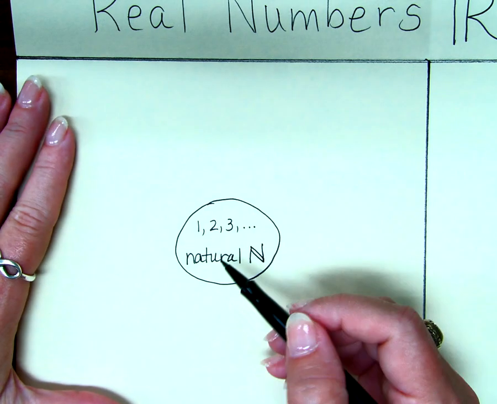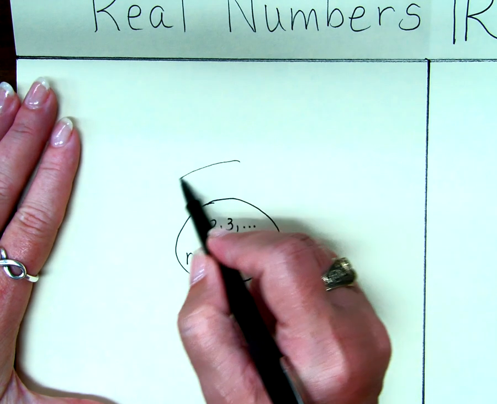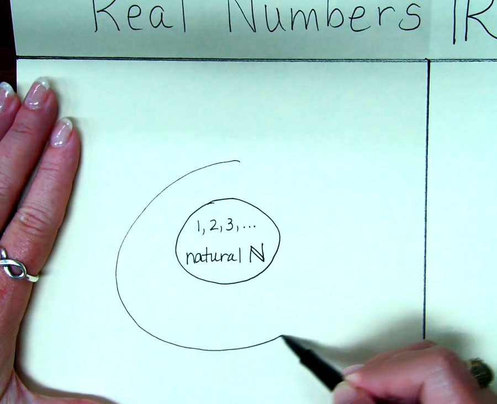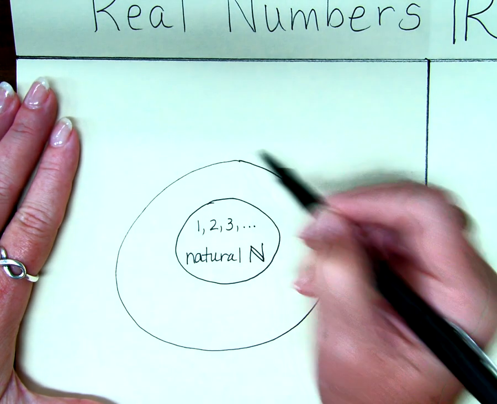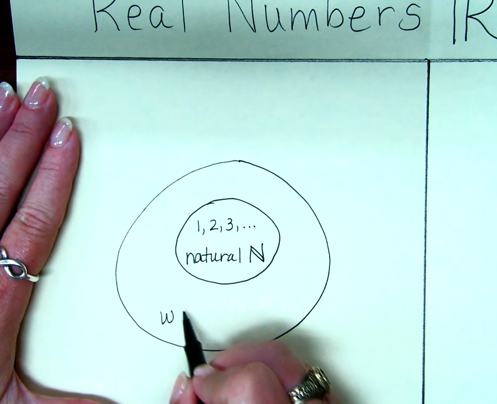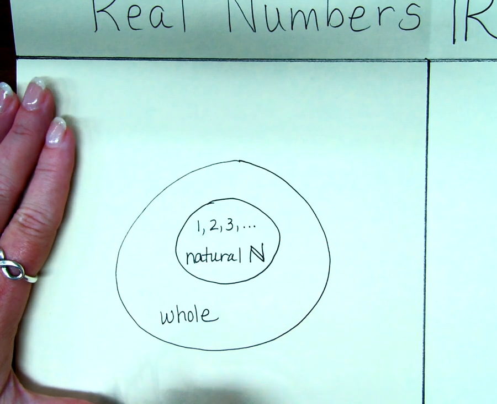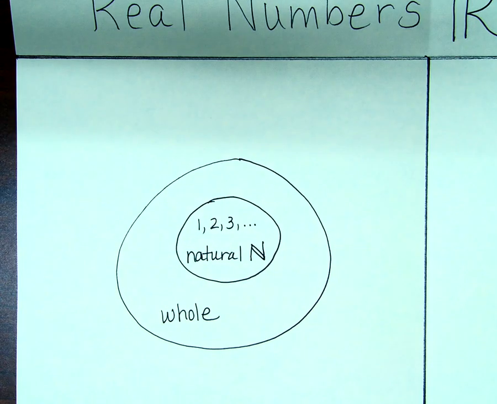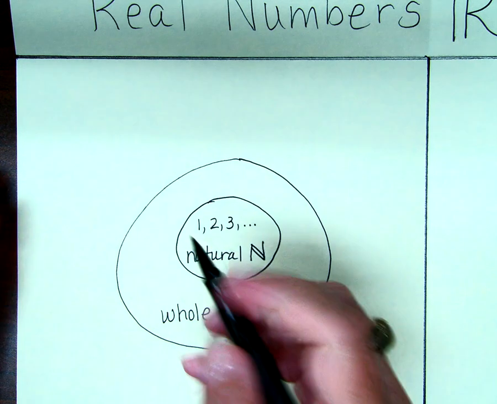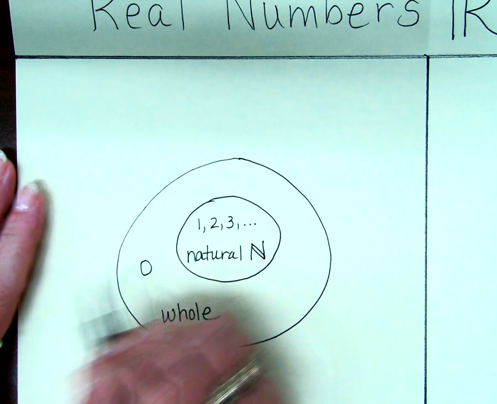Including all of the natural numbers, there's also whole numbers. What is a whole number that's not a natural number? Good guess, but not quite time for that. We'll get there in a second. Yeah. And that's in fact the only whole number that's not a natural number.